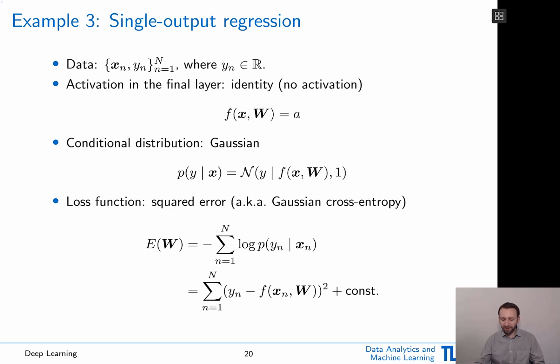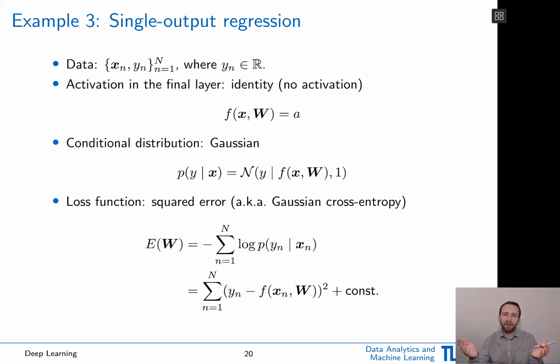We don't need any activation function, because this can already be some arbitrary number. And if we want to have a Gaussian as our probabilistic setting, we know that this corresponds to our squared loss formulation: ground truth minus predicted value, squared, and summed up over all training samples.